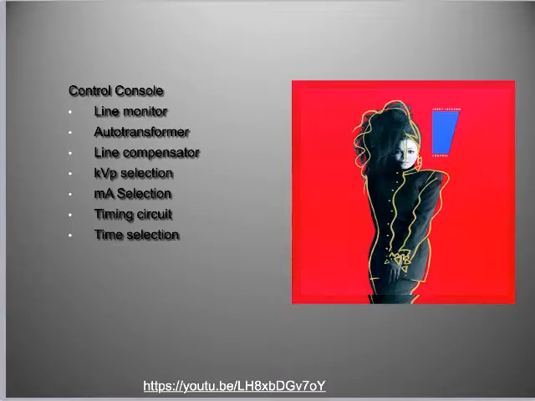When we are in the control console, we need to understand that these things are there with us: the line monitor, the auto transformer, the line compensator, kVp selector, mA selector, timing circuit, and time selection. So you might be someone who's more visual and you like the diagram. You might be someone who's more auditory or verbal, and you just need to see it listed out. This is pretty much a repeat, just pointing us through that.